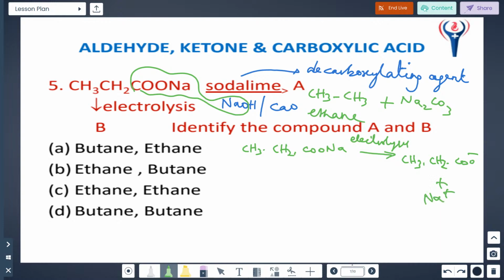The compound undergoes electrolysis and we get ions. Then, at the cathode, I am going to write the product. The CH3CH2COO minus moves towards the electrode and we get the product. I write it here.